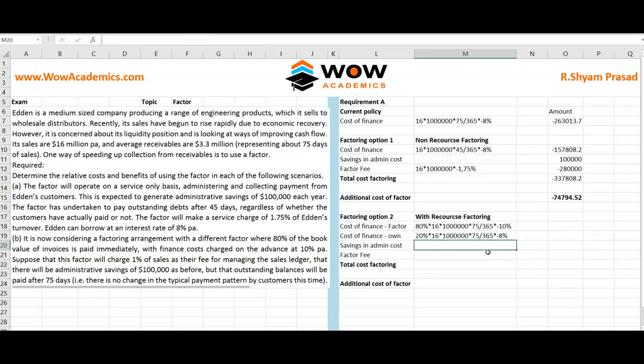The savings in admin cost is going to be the same, 1 lakh, and the factor fee is going to be 1%. So we have already done a factor fee here. We can copy it and we can use it. So the factor fee is going to be just 1%. So that's it. We can use all these numbers and we can get the answer.